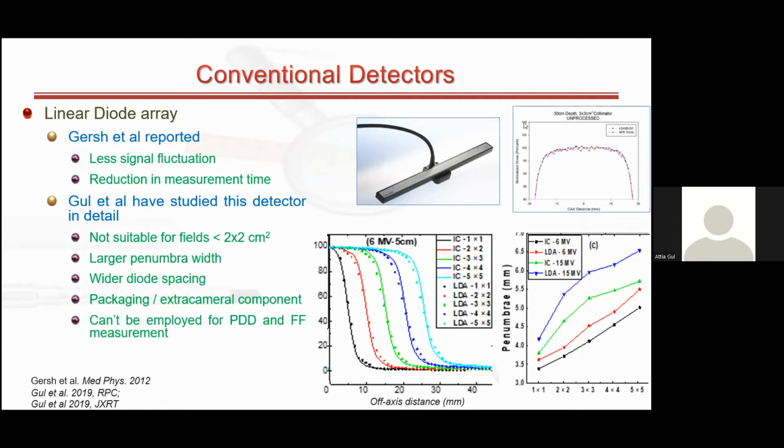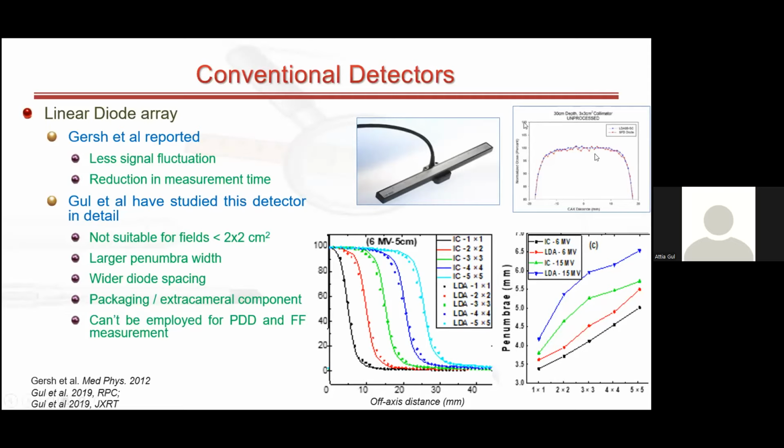But George et al. have used this diode array in small fields, and they have shown that it gives less signal fluctuation. Of course, because this diode array scans all the radiation fields at once, but our ion chambers move from point to point for beam scanning of the beam profiles and like that.